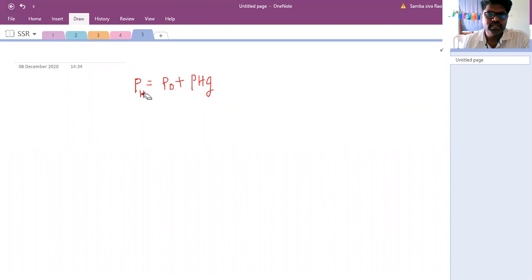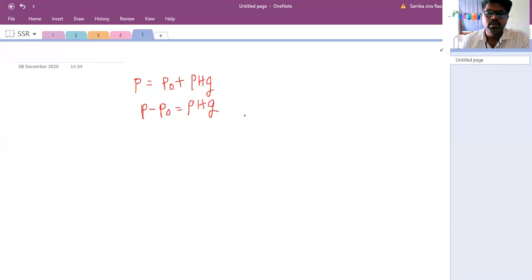So instead of PH, let us say P. P is equal to P0 plus rho Hg. So this P is the variation of pressure with depth. P0 is the atmospheric pressure. Then the pressure difference, P minus P0, is equal to rho Hg.